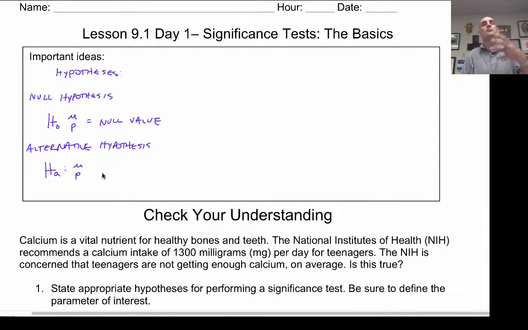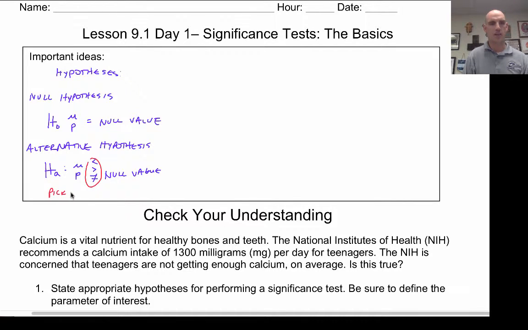And based on the problem, we determine, is it less than, is it greater than, or at the very least, is it not equal to? And then we're going to set it up with the null value, right? Because what we're ultimately trying to test is the null hypothesis, the claim, that proportion, that mean, true, or is it something else?